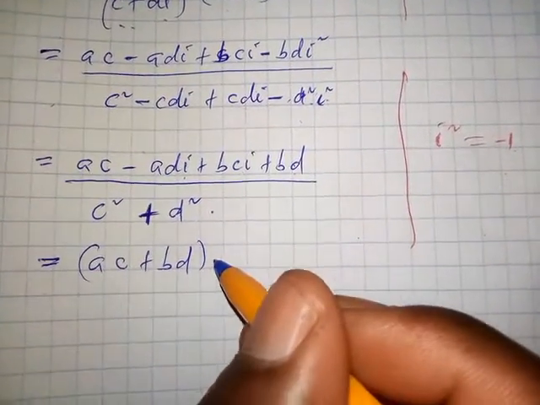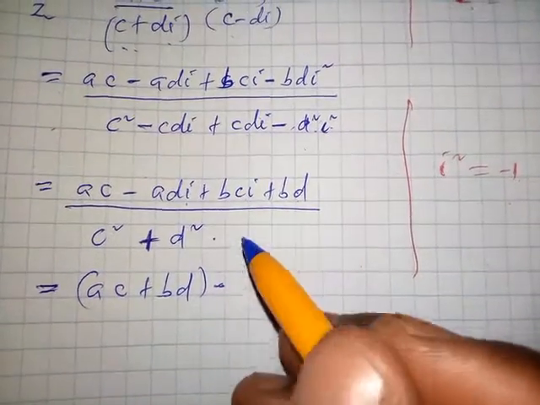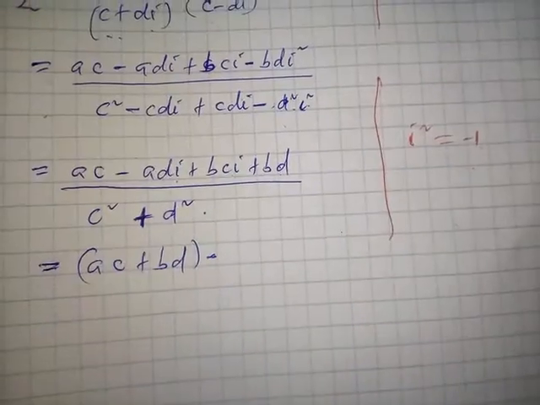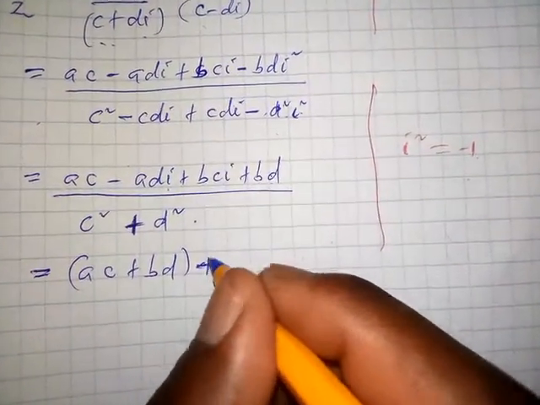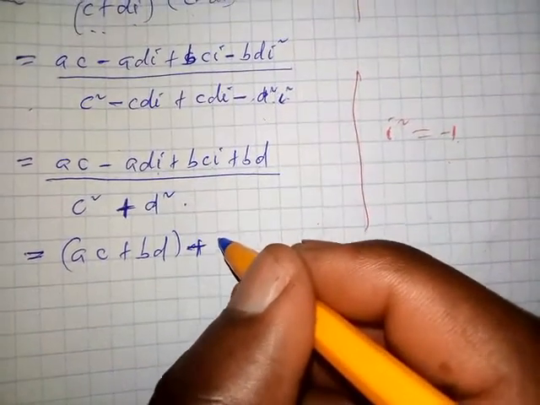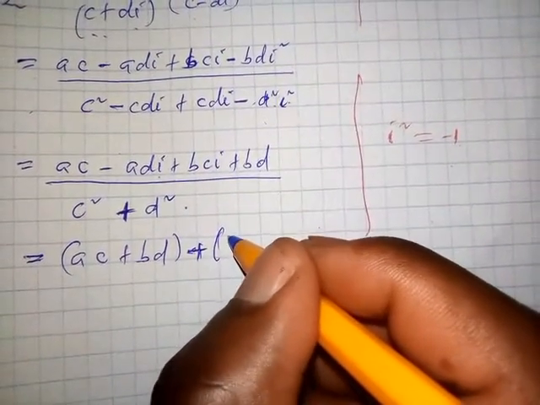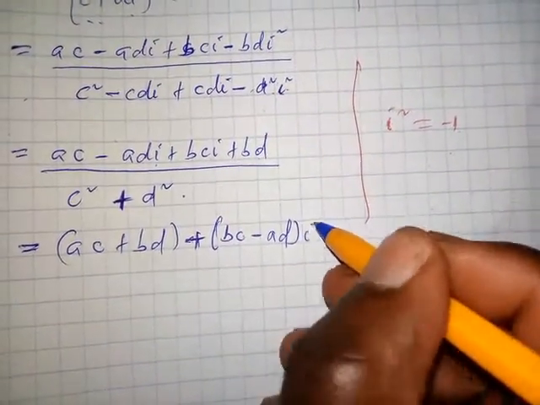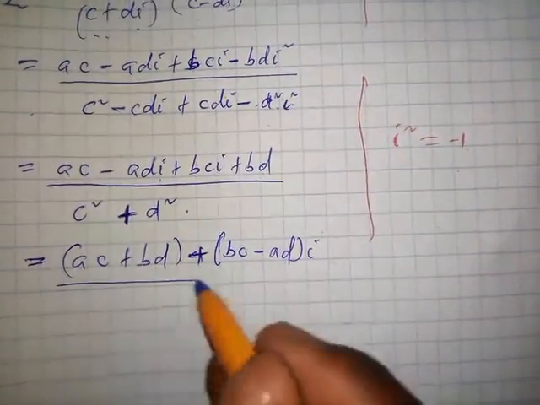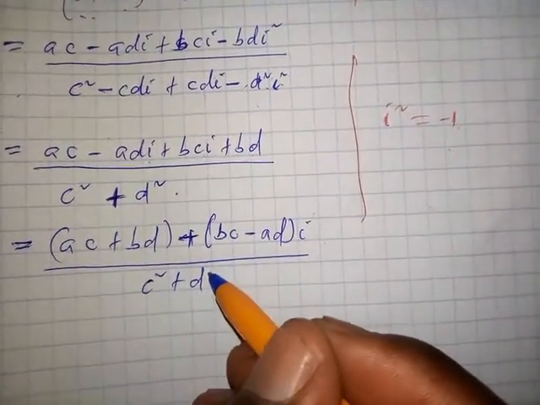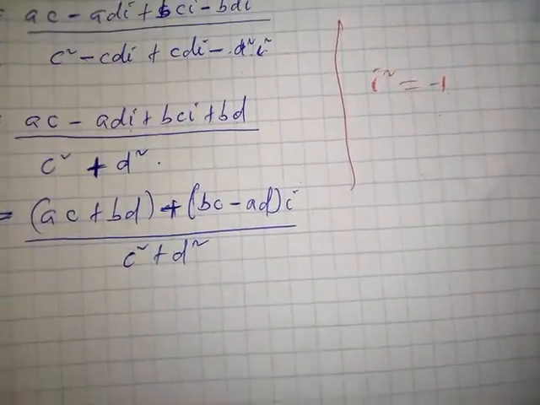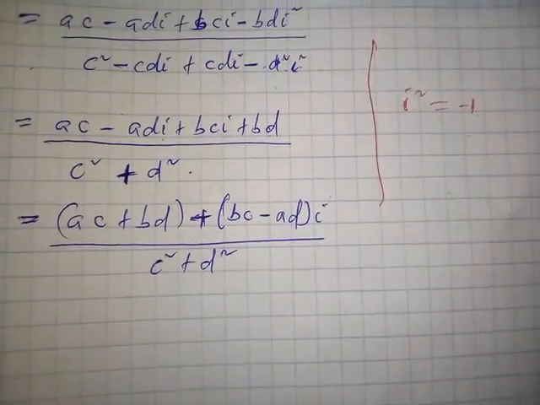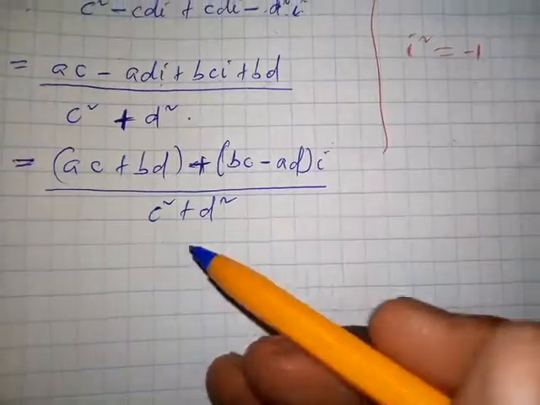Then plus, in brackets, we have bc minus ad, i, over c squared plus d squared. This can be your final answer.